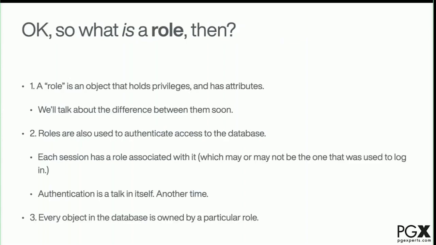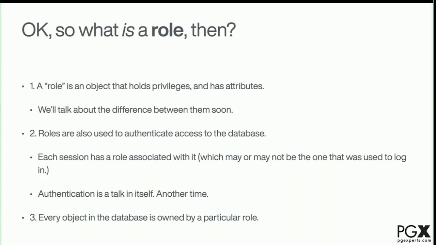So a role has basically three roles inside of Postgres. The first is it's an object, a thing in the database that holds privileges and has attributes. Privileges and attributes are different things on a role, and the distinction is important, so we'll talk about the difference here. Roles are also used to authenticate access to the database.